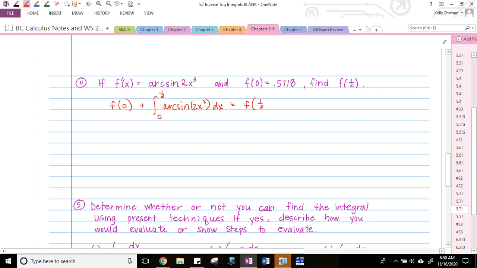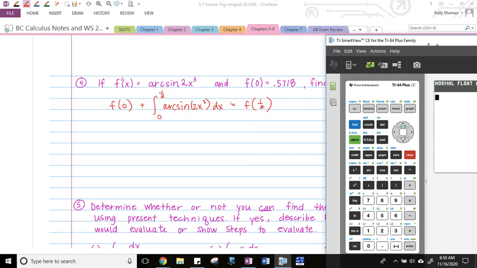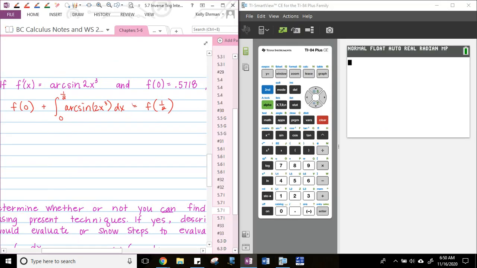and that will equal f of 1/2. So if this is a calculator problem on the AP test, this is really all you have to write. And then I go over to my calculator to type everything in. So f of 0 is 0.5718 plus math 9, the integral from 0 to 1/2.